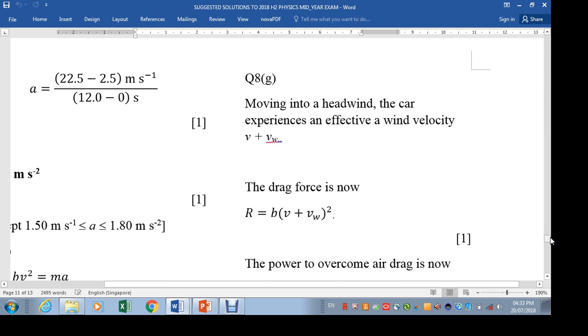So moving into the headwind, you're finding the effective wind velocity now, to find the drag force, because drag force depends on the headwind. When you're standing still and a wind of 10 meters per second is blowing on you, it's the same as if you're running at 3 meters per second and a wind is blowing forward at you at 7 meters per second.